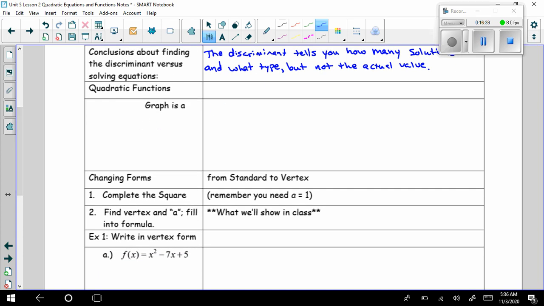Remember that the graph of a quadratic is a parabola. And so that's the U-shaped graphs that we get.